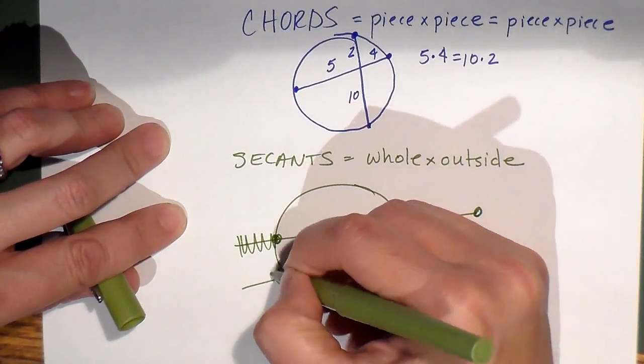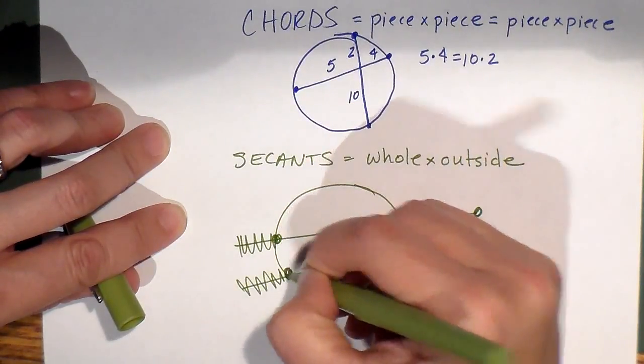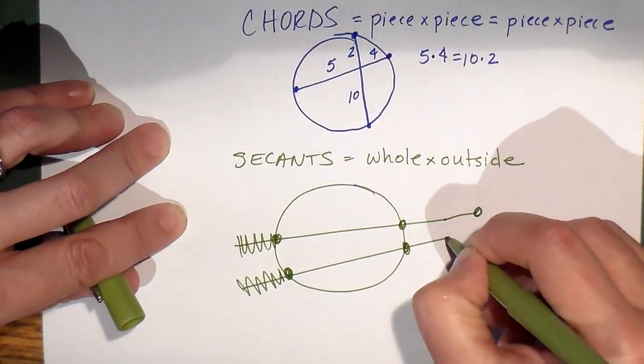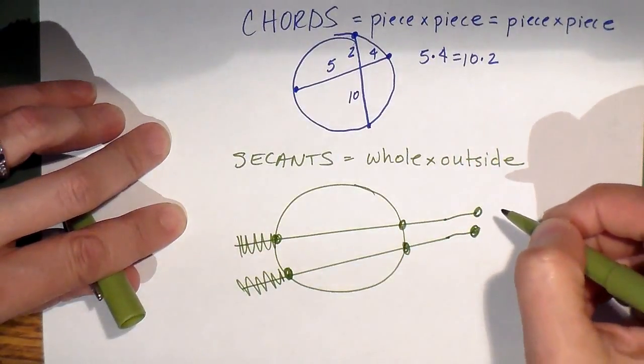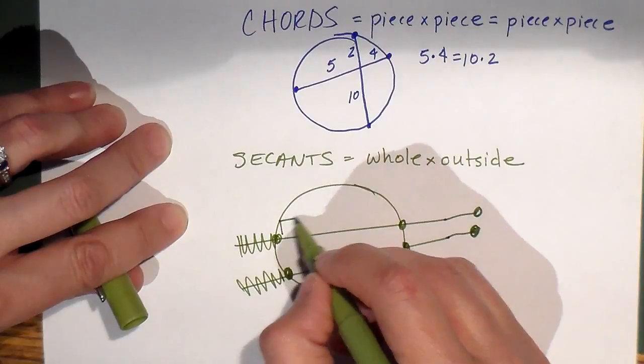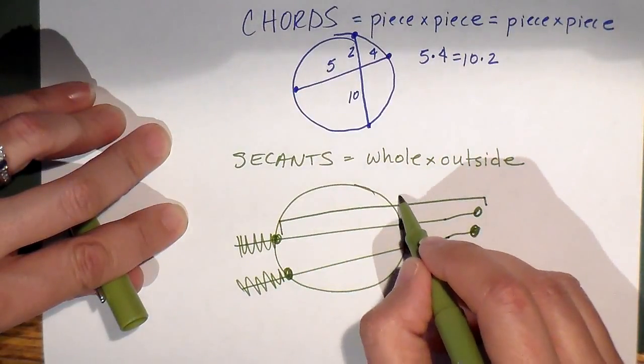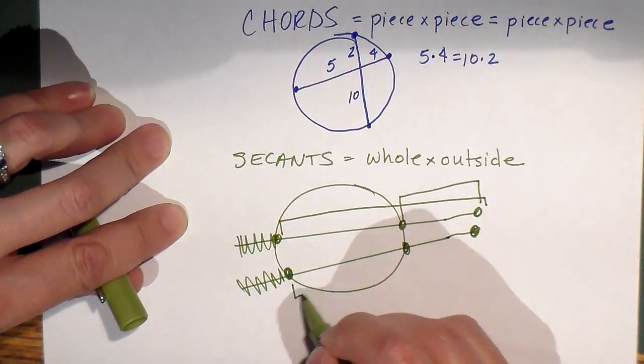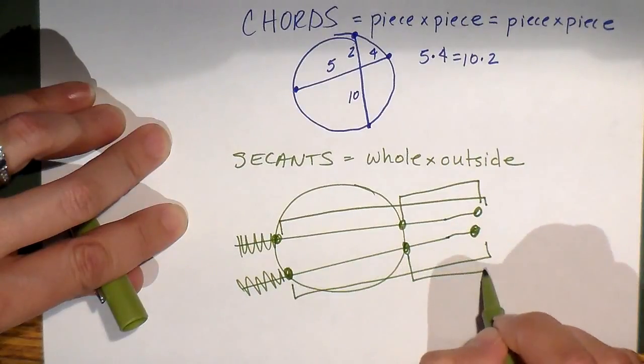I'm just going to ignore this piece and look at the chord part and the external part. When you have secants, whole times outside equals whole times outside.